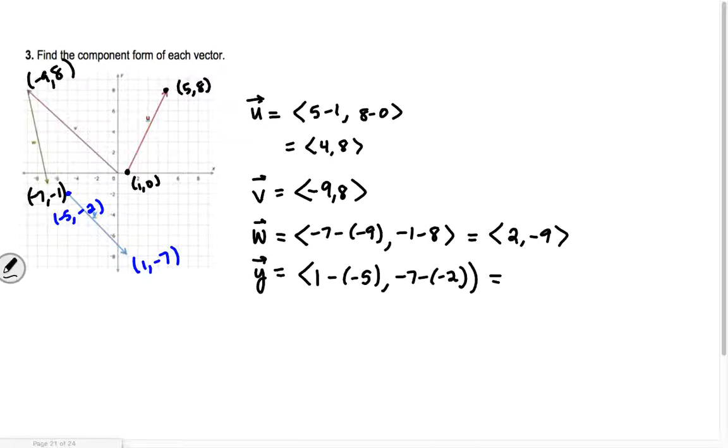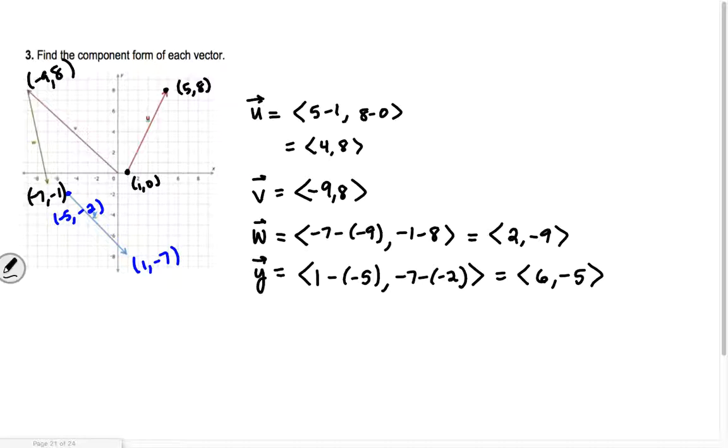So you're always doing the head minus the tail, I guess. So what's this one? 6, negative 5? Yeah. It's making me think. You gotta just blurt it out for me.